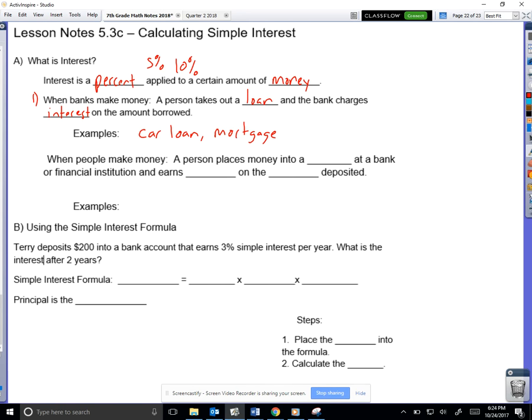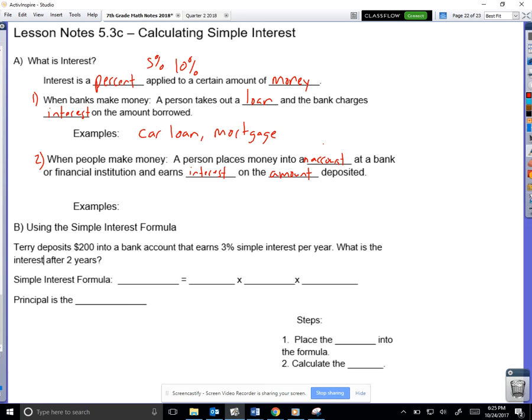Now there's another situation, and this is when people make money. This is when people put money into the bank and then they get some interest back. A person places money into an account, which can be at a bank or at a financial institution, and a person earns interest on the amount they deposit.